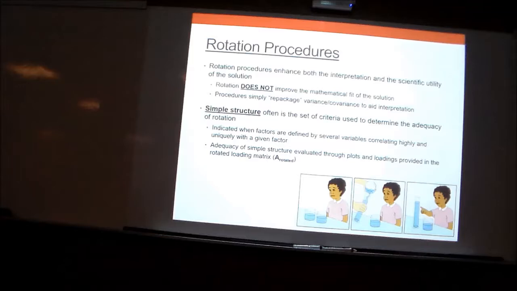You'll hear people talk about simple structure in factor analytic work. Simple structure is what we use to say yes, this is a good solution, or this is a confusing solution that doesn't have a strong interpretation. We say a solution achieves simple structure when our factors are defined by several variables that correlate highly and uniquely on that factor.